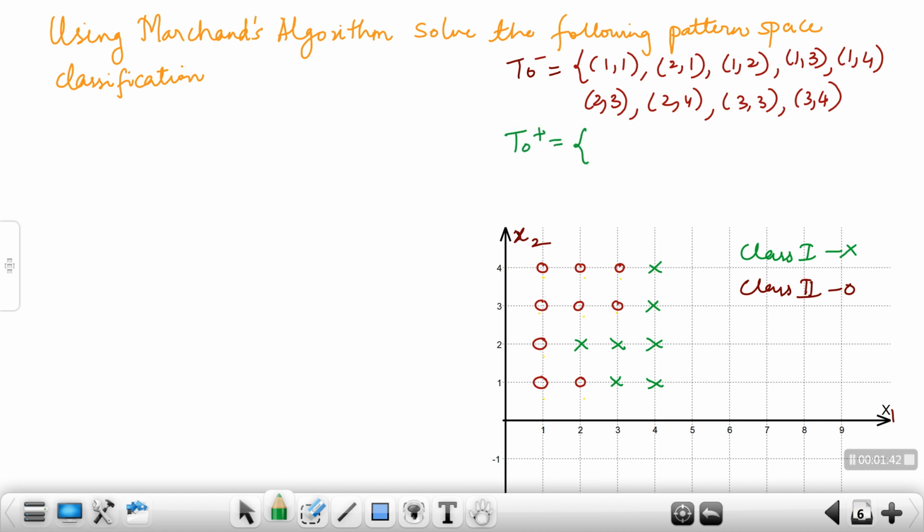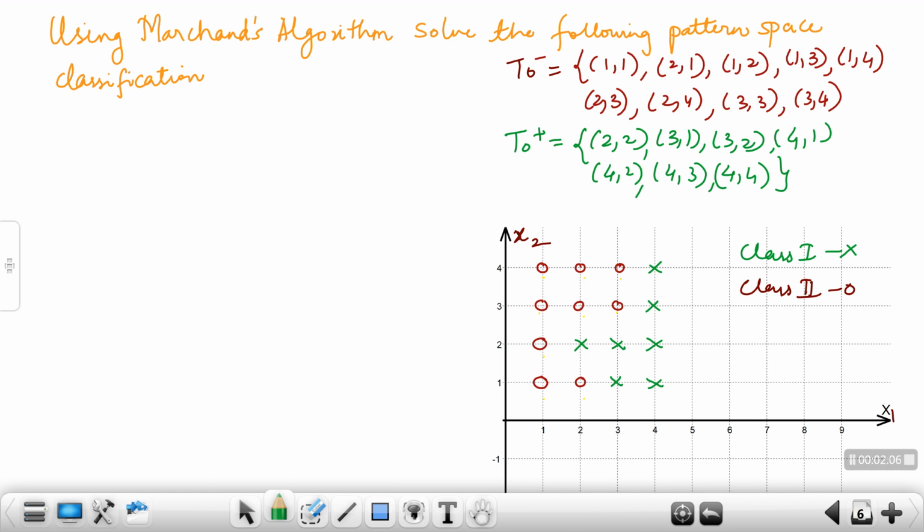T0 plus will be made up of these points: (2,2), (3,1), (3,2), (4,1), (4,2), (4,3) and (4,4). So these are the points.